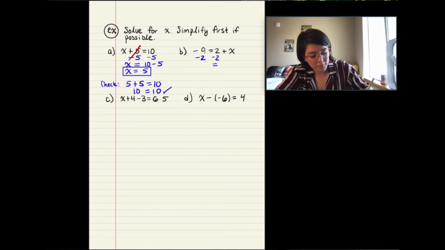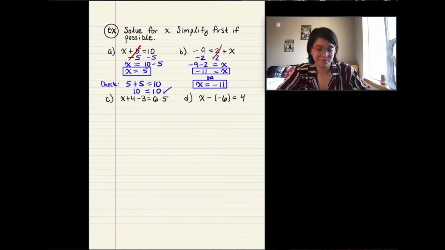So on the right, we have x left over because our 2's canceled. And then on the left, we have negative 9 minus 2. And so we have negative 9, and we're taking away 2, so that gives us negative 11. And you can leave it like this, negative 11 equals x, or you could write it with the x on the left and write x equals negative 11.